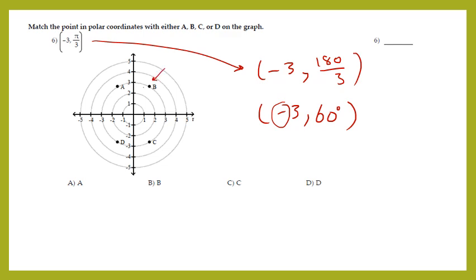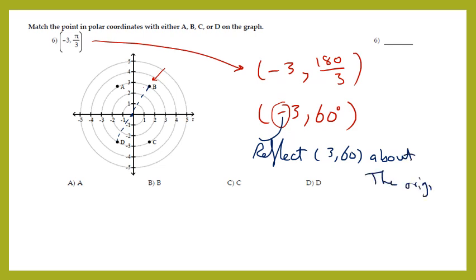But since this value is negative, I reflect about the origin. So reflect the point 3 and 60 about the origin. It gives you the point D, so the right answer is D. Notice when the radius is negative, we reflect the point.